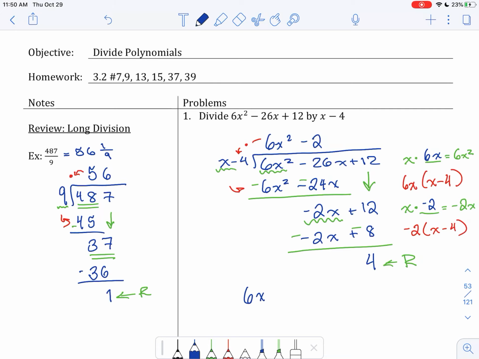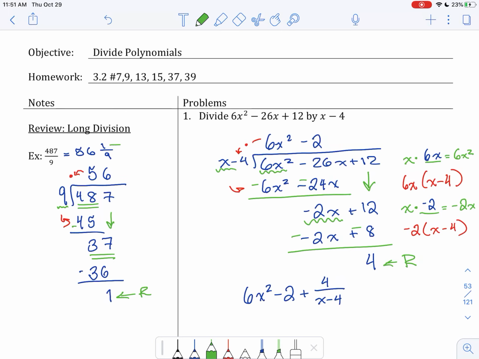There's nothing to bring down, so that's our remainder right there. So our final answer would be 6x minus 2, just like how the top here is the start of our answer for the numerical problem. So you take that, and then the remainder over the original denominator.